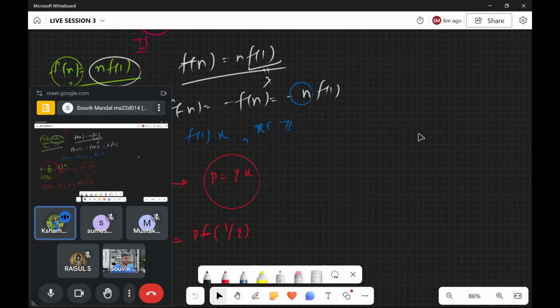Writing q times f of x as f of x plus x plus x. Can we do that? Then what is f of p?